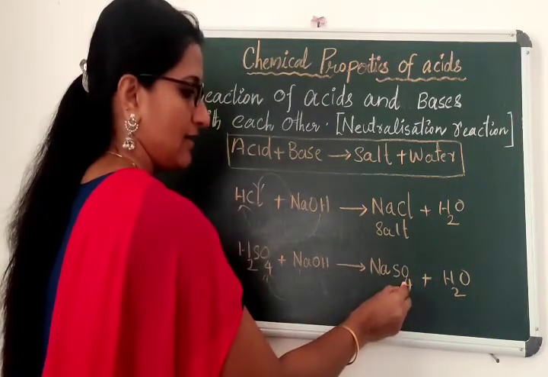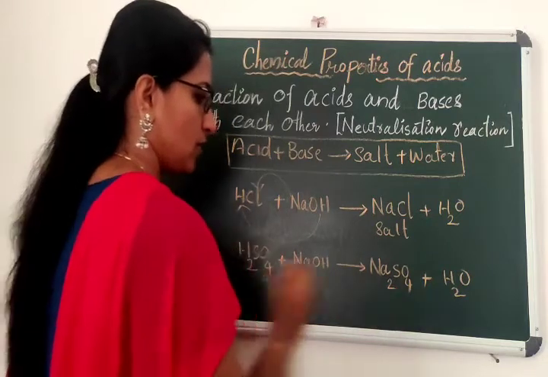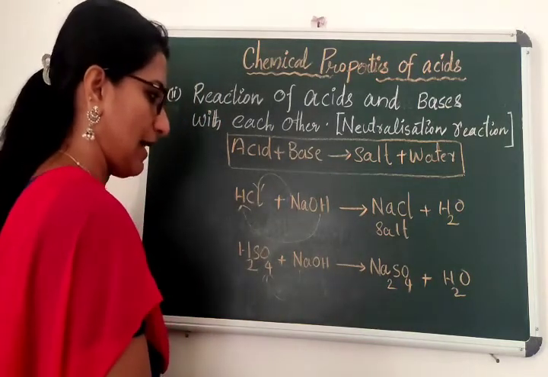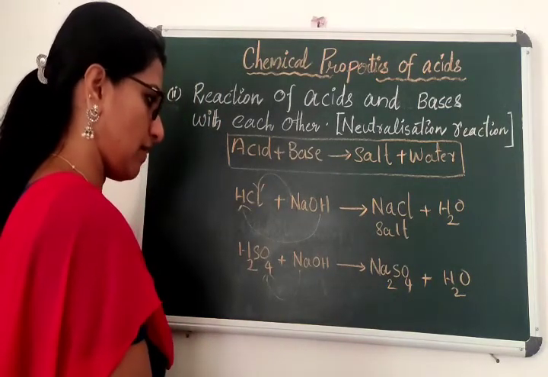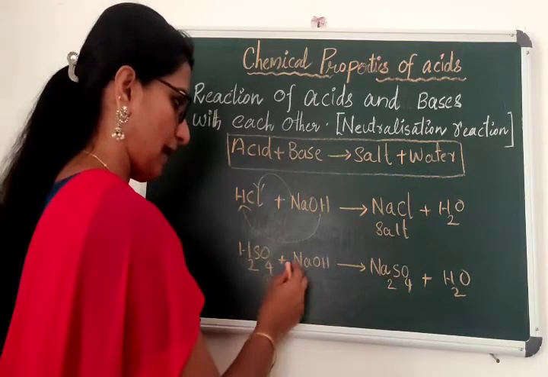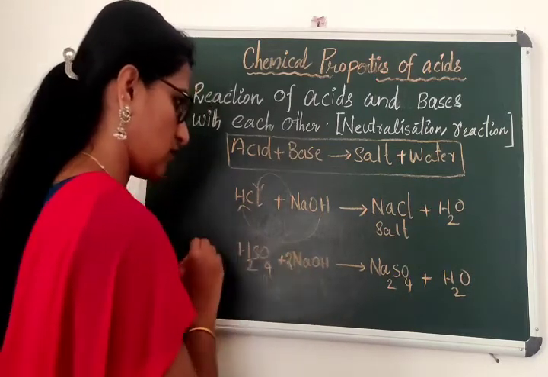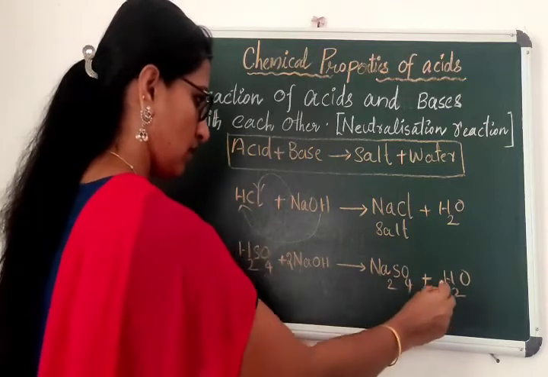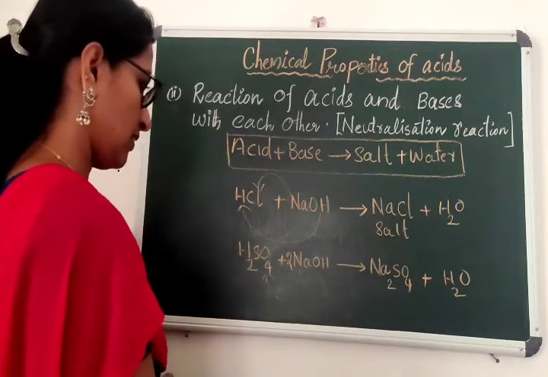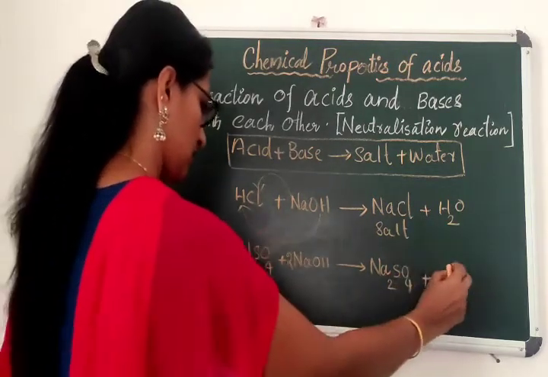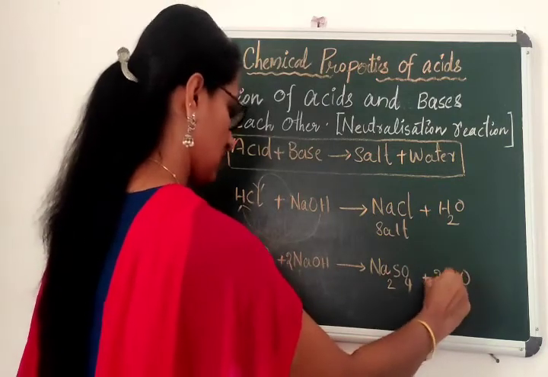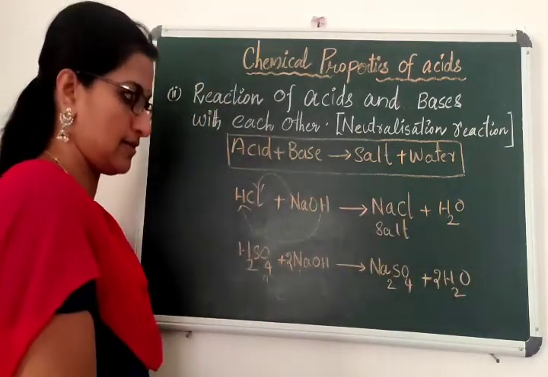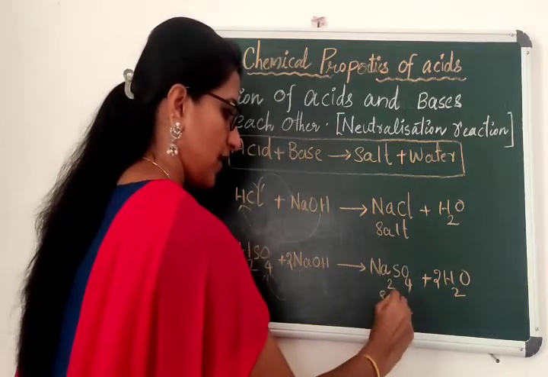The sulfate valency is 2, which has to be given to sodium. Okay, is it balanced? No, it is not balanced. You have to balance it by adding 2 here. Now it's balanced. So this is the sodium sulfate salt.